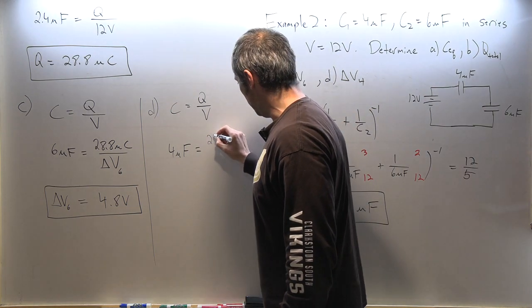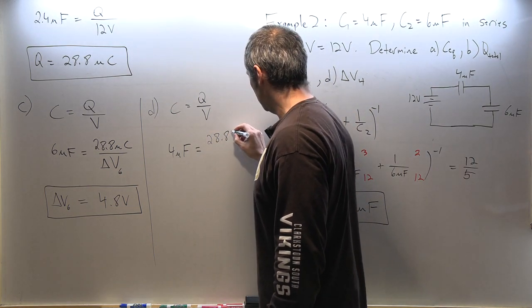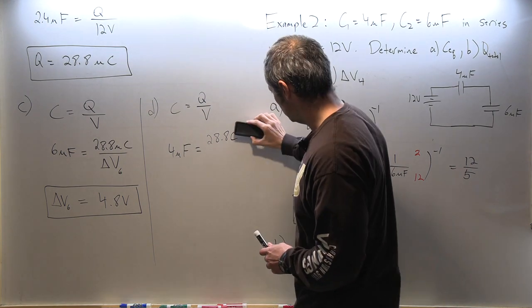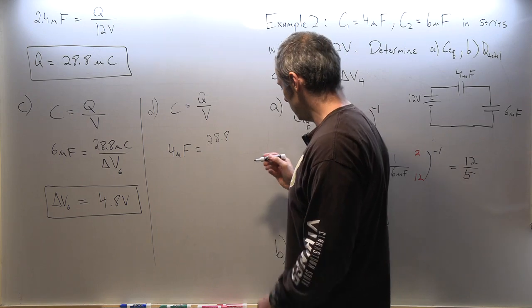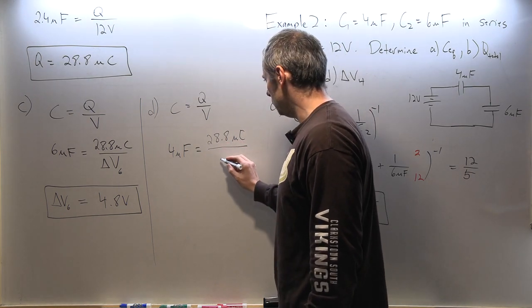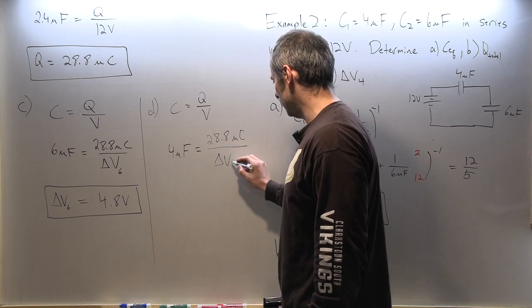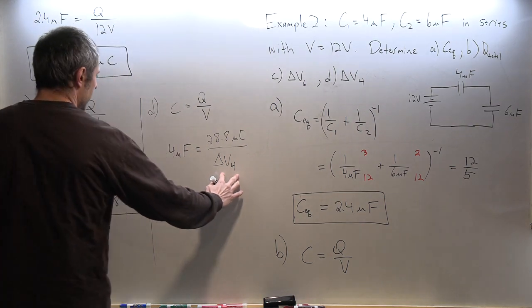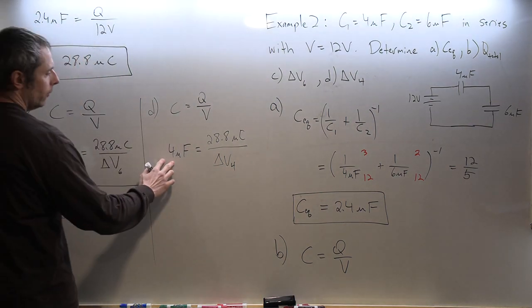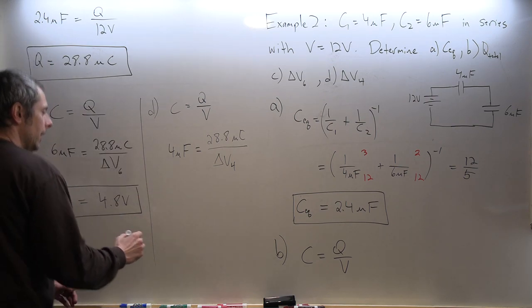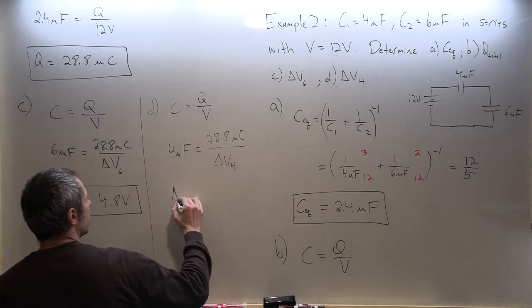So I do 28.8 microcoulombs. And what's the delta V on the 4 microfarad? So I multiply the V times 4, so I have 4V equals 28.8, divide 28.8 by 4, and I get my delta V.